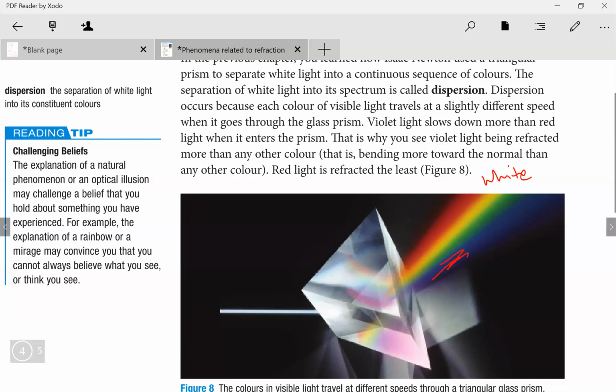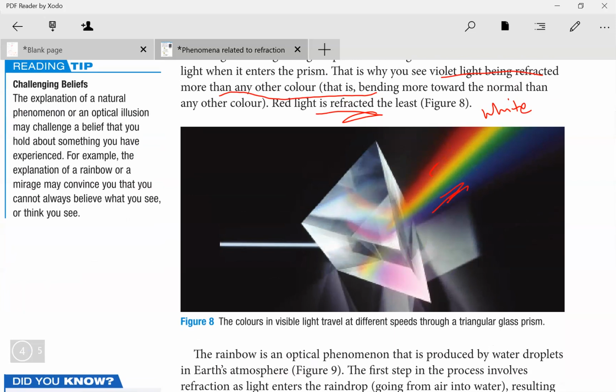So violet light bends the most, or is refracted the most, whereas red light is refracted the least. That's because of the different wavelengths of light, they have different properties in refraction. Violet light slows down more than red light when it enters the prism. It bends more because it has a higher energy, and so violet light is refracted more than any other color.